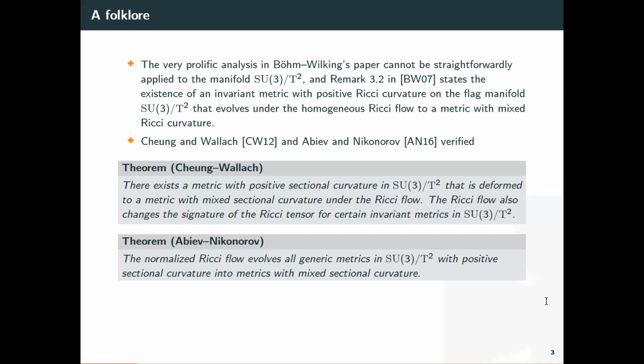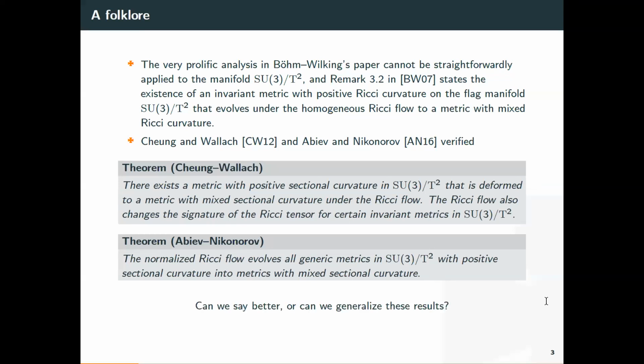Okay, so as you can see, Zhang and Wallach is more about picking a particular metric. Although they do provide some qualitative analysis in their paper, we take a metric, and we can show that it has positive sectional curvature that loses this property. While the Abiev and Nikonov result is more generic: we have no maintenance of positive sectional curvature.